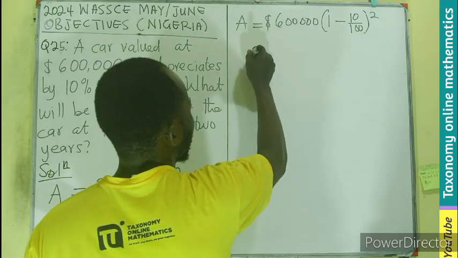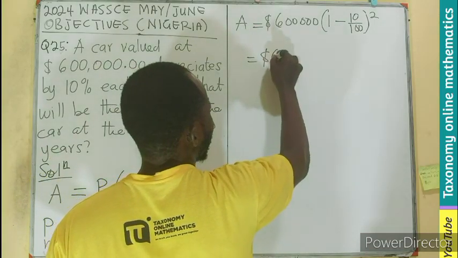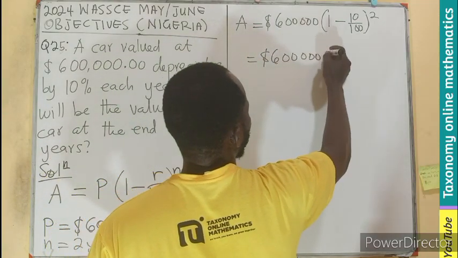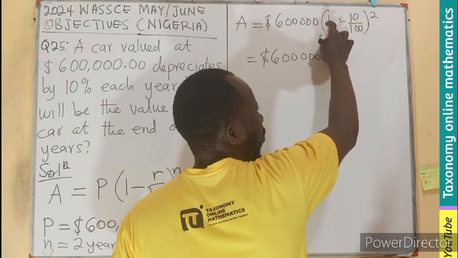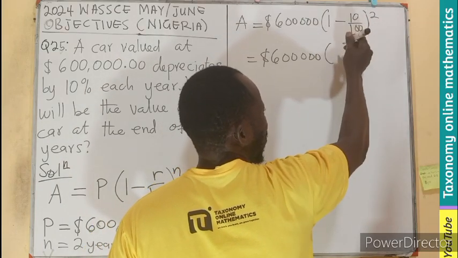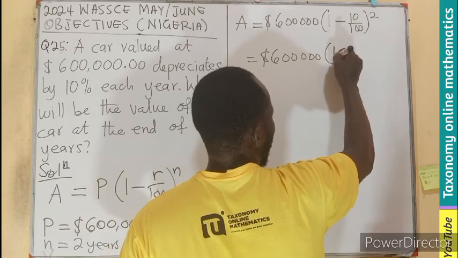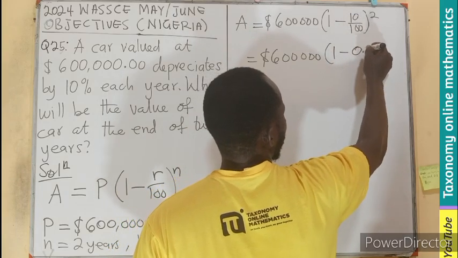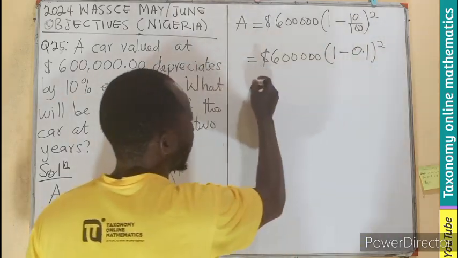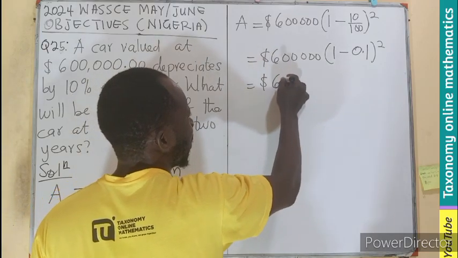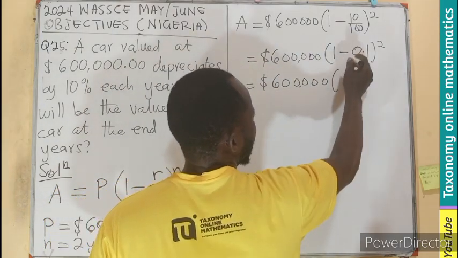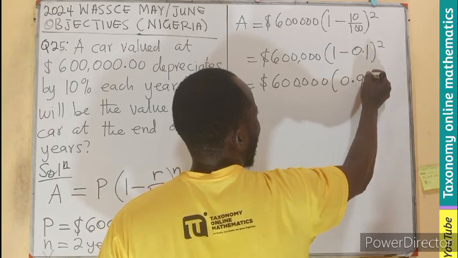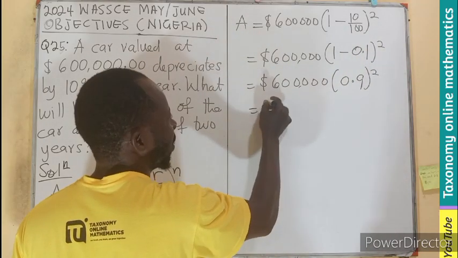Fast forward, we have 600,000 times (1 minus 0.1), which gives us 0.9, all squared.